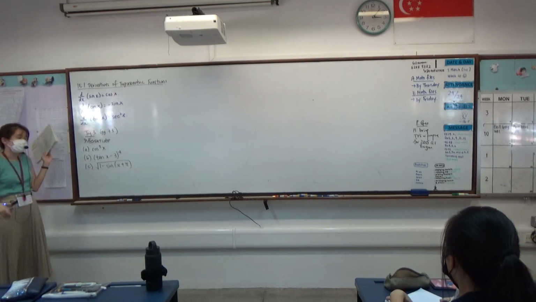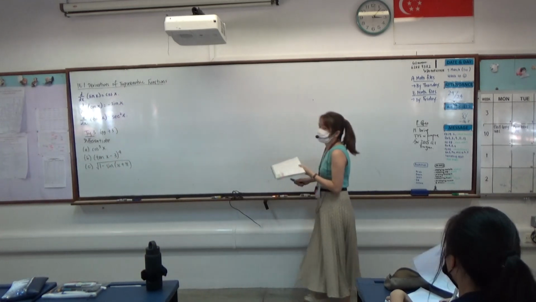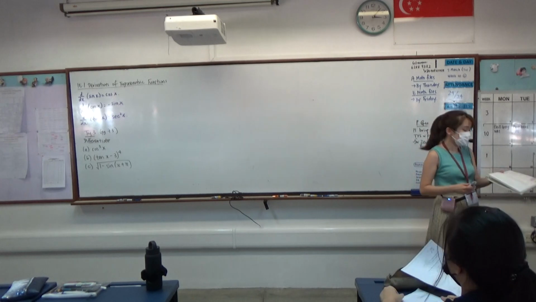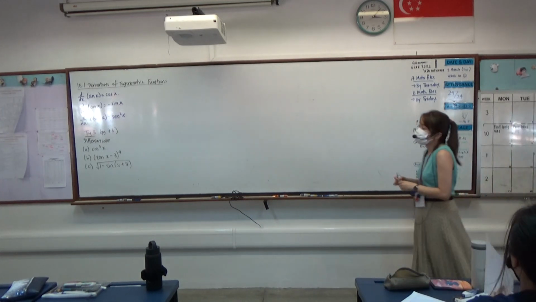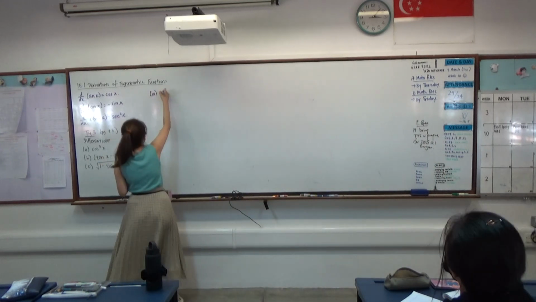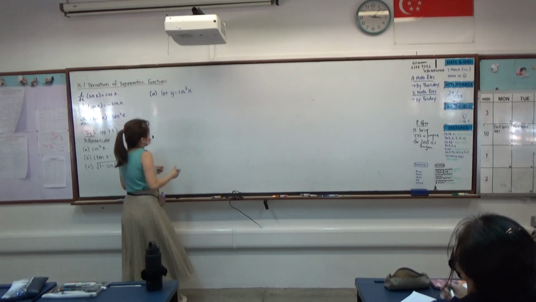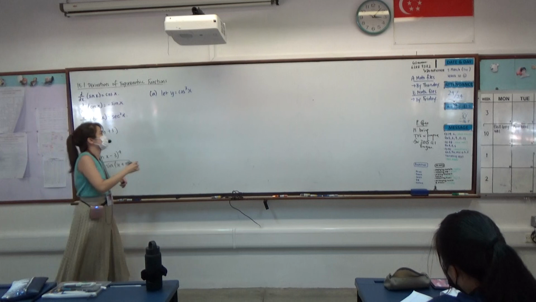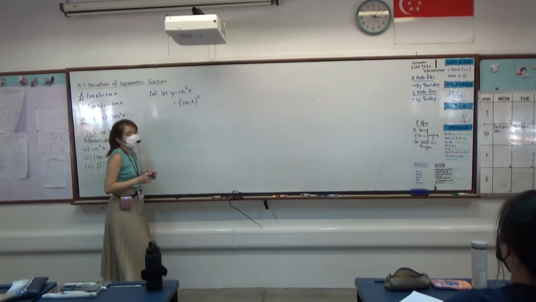Okay, we want to learn how to differentiate functions that look like this. So let's just begin with the slightly simpler one, cosine to the power of 3, cosine cube x. We need to recognize that cosine cube x is as good as writing it as cosine x to the power of 3.